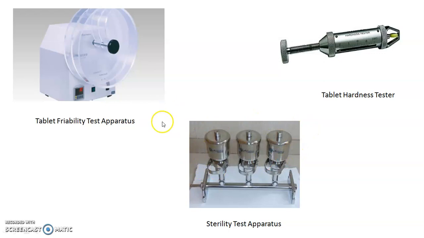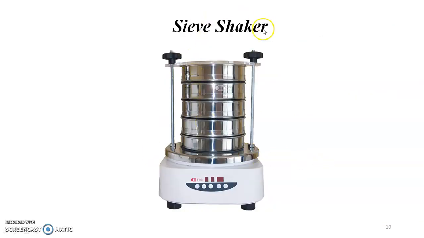This is the sterility test apparatus. Then next one, this is a sieve shaker. In this, sieves are arranged from bottom to top.